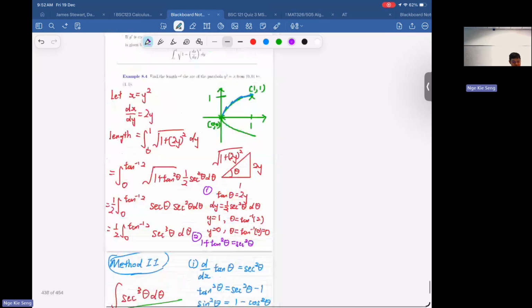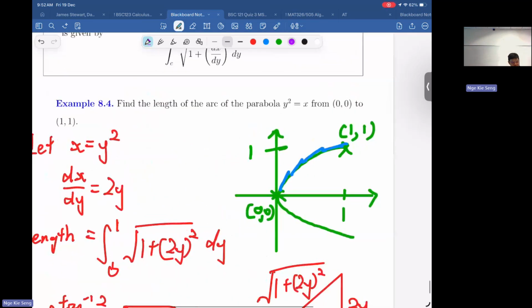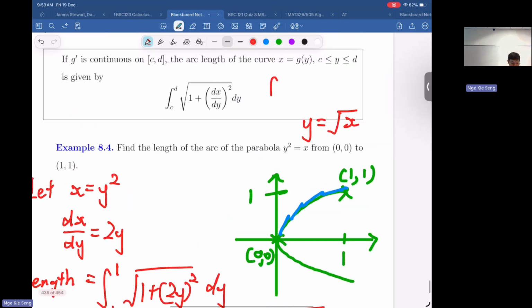I suggest you use another way to compute. Can you use the horizontal ruler to compute? You need to figure out what your y is. Take y to be square root x, and then do integration from 0 to 1 again, on square root of 1 plus dy dx squared.